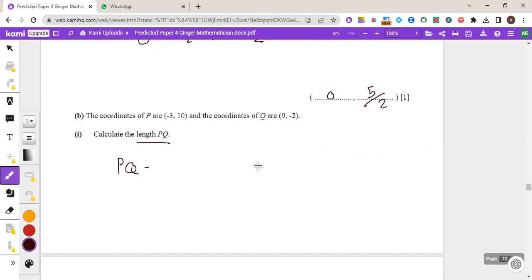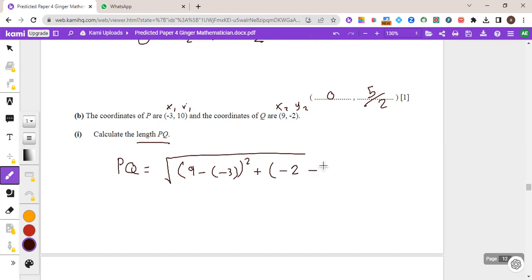PQ equals the square root of (x1 minus x2) squared plus (y1 minus y2) squared. So 9 minus minus 3 squared plus minus 2 minus 10 squared.